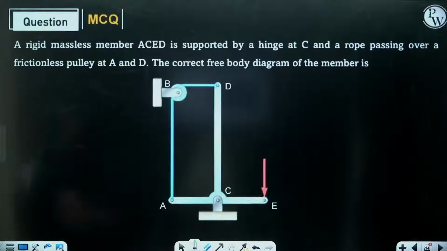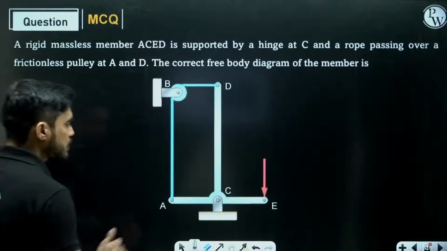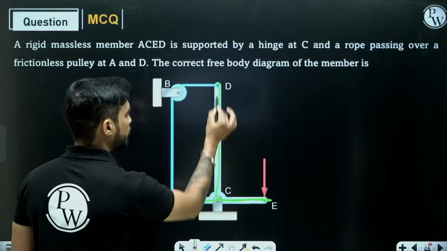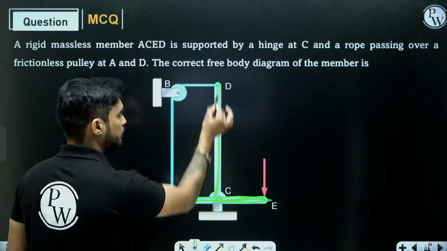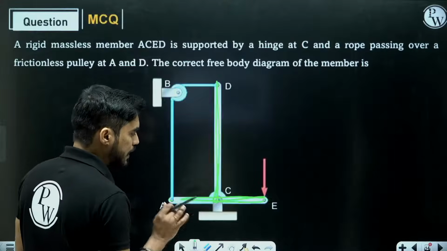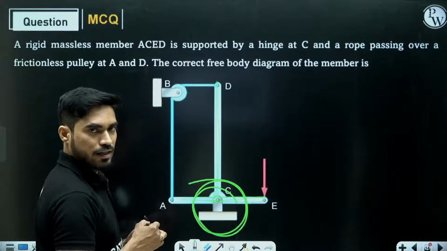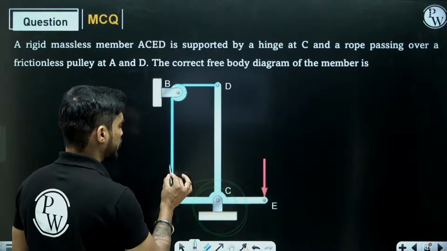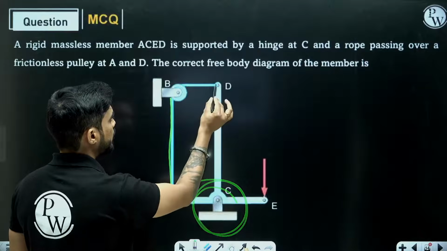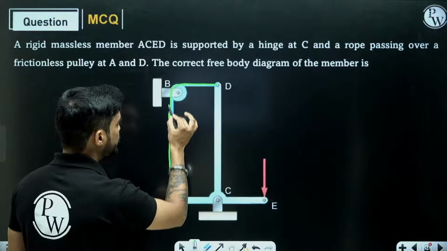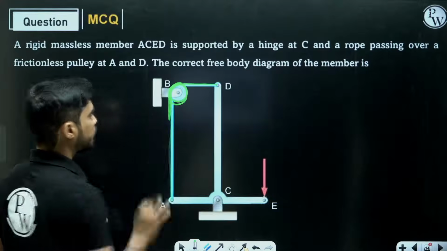So understand. We have this member ACED. It is a T-shaped member. It is right now supported by a hinge support at C. And there are two ropes. One is connected here, another one is connected here, and these ropes are passing through this pulley. Okay.